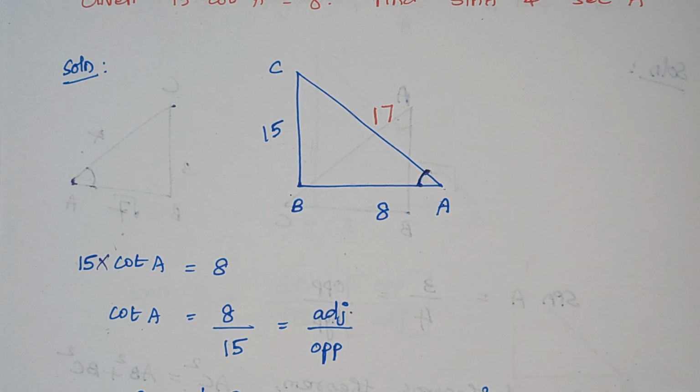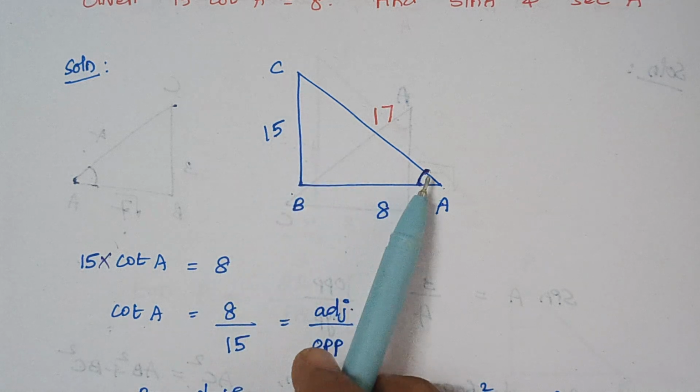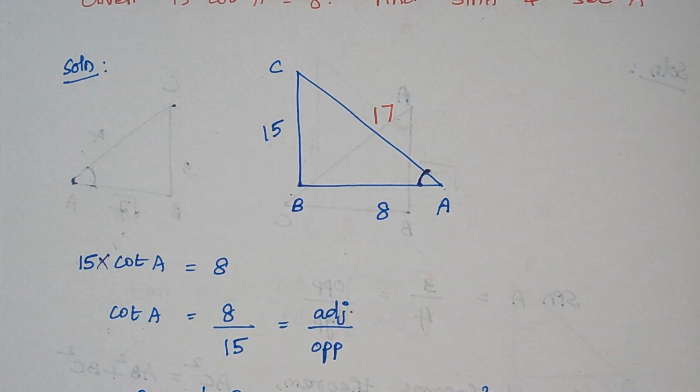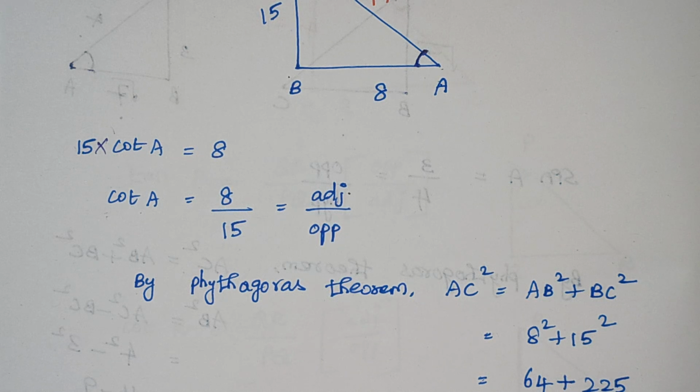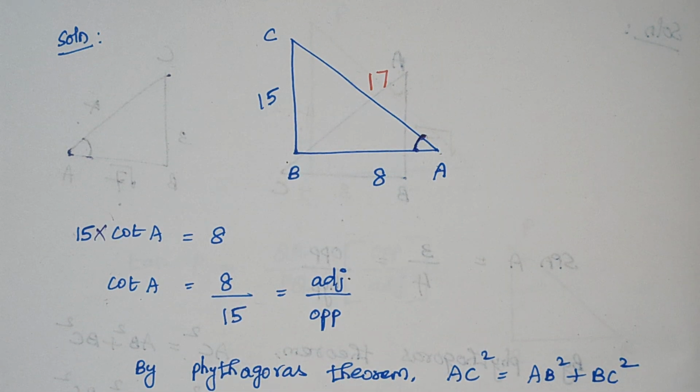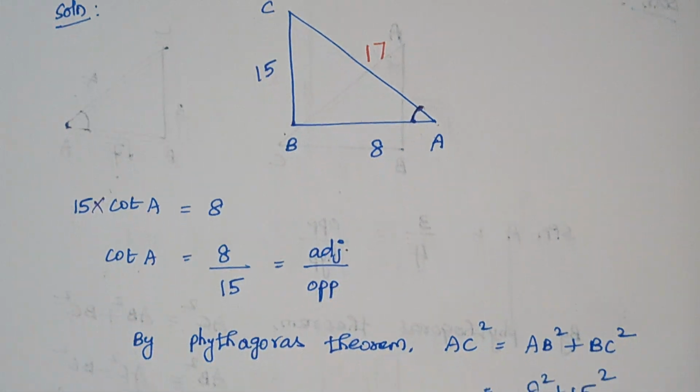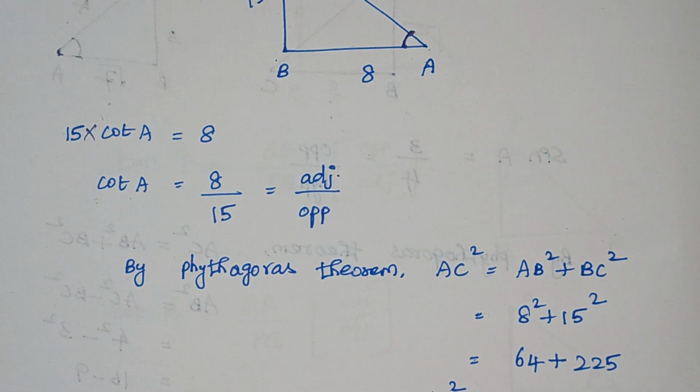So by Pythagoras theorem, now we are going to find the value of AC. Here you see AC square is nothing but AB square plus BC square. So the values are 8 and 15. Just substitute: 8 square is 64 and 15 square is 225. There are some terms which you have to remember, that is the square values.